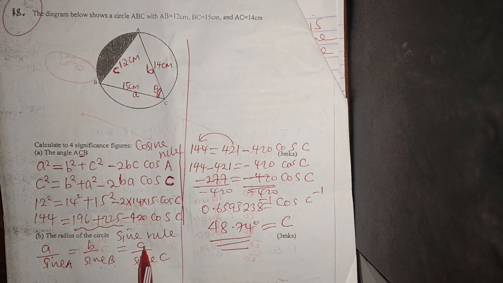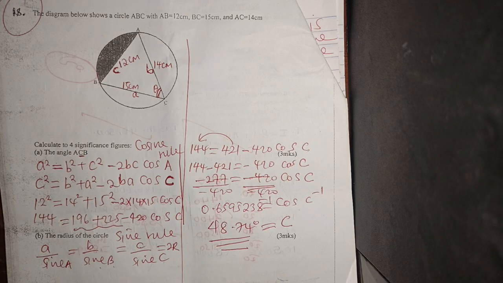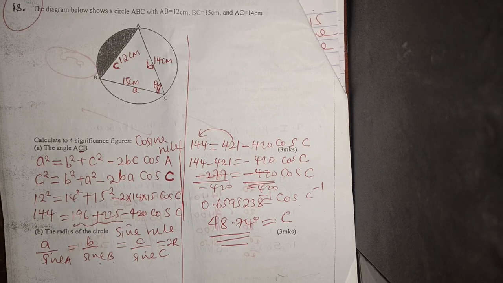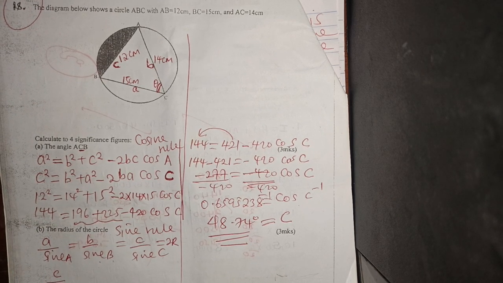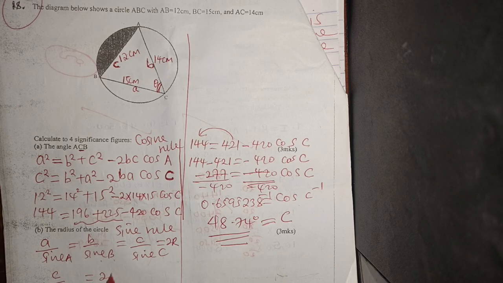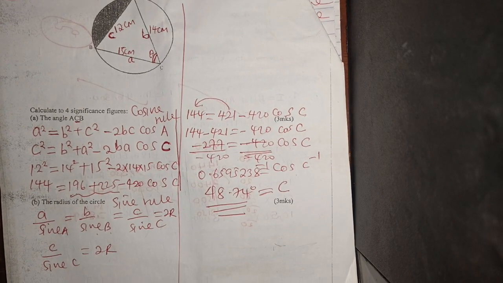But we have length c and angle C, so we can use this. This must be equal to 2R. Of course, R stands for radius. So c over sine C is equal to 2R.